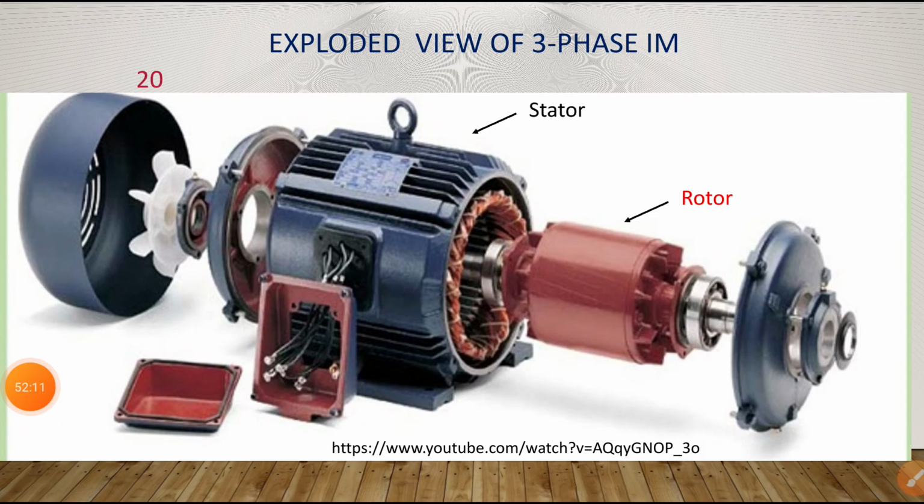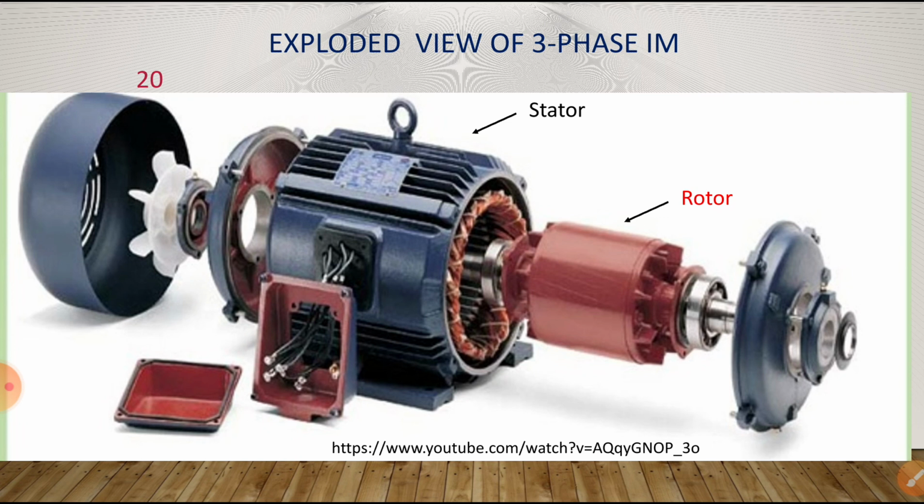Now let us summarize what we have seen in this session. We have seen, first, the classification of motors. These motors are classified based on the basic principle, whether AC supply or DC supply. Based on the DC supply there are DC machines, and then AC machines.